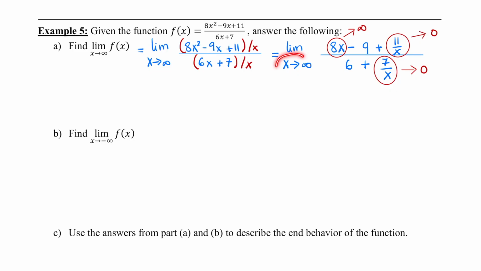So, as x approaches infinity, the numerator approaches infinity, the denominator approaches 6, and infinity divided by 6 is infinity.